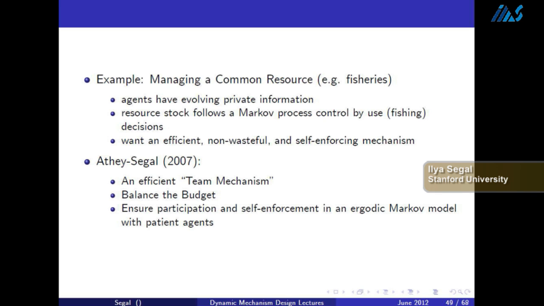Then we have a third step, under some assumptions, where we'll also be able to make this mechanism self-enforcing. It's kind of similar to participation constraints in the static setting, as you will see. But the assumptions will involve the agents being sufficiently patient and also the stochastic process being ergodic, and you will see why it matters.